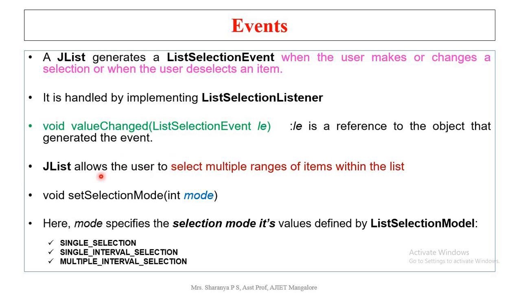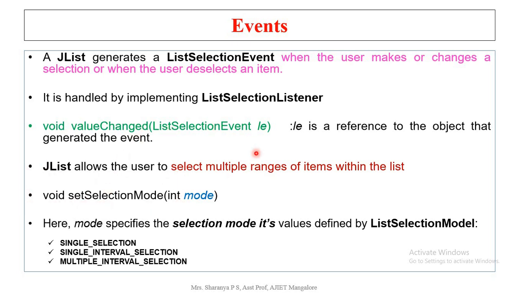JList also allows the user to select multiple ranges of items within the list. Maybe 2-3 items at a time the user may be allowed to select, which is directly proportional to the selection mode opted when we build the code. Here we will make use of a method called void setSelectionMode.